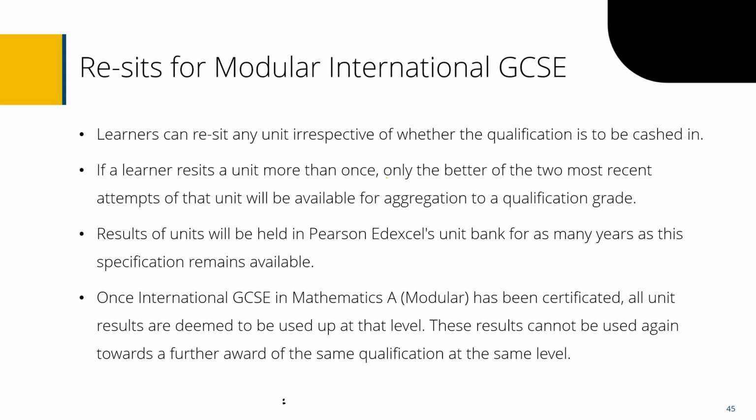Once International GCSE in Mathematics A modular has been certified, all unit results are deemed to be used up to that level. These results cannot be used again towards a further award of the same qualification at the same level. Again, if you have any further questions or want more information on this, please ask your local Pearson representative.